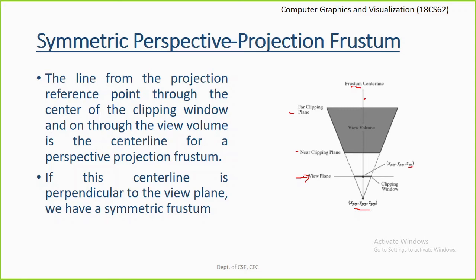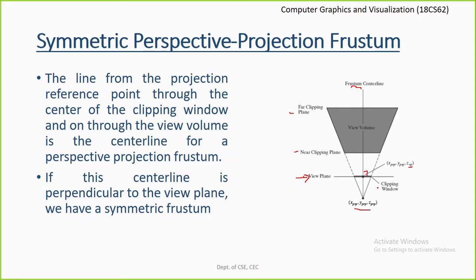So the line from the projection reference point, that is this point, through the center of the clipping window and on through the view volume is the center line for a perspective projection frustum. Now, if this center line is perpendicular to the view plane, we call it a symmetric perspective projection frustum. Why the word symmetric?